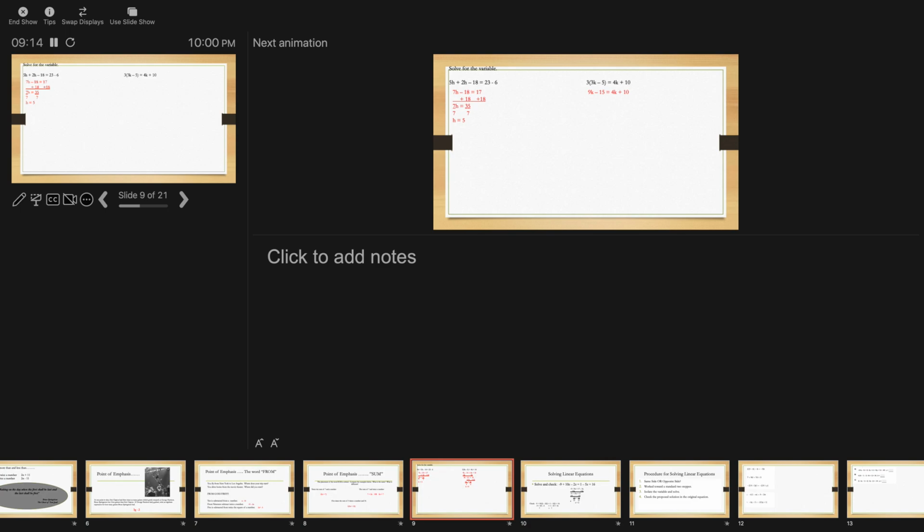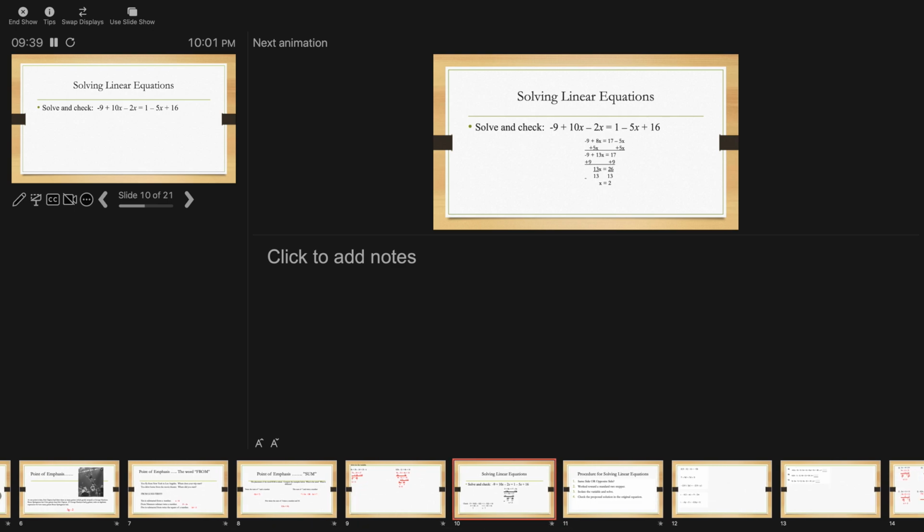I got this. I'll do really well. Similar with the next one, distributing the 3, 9k minus 15 equals 4k plus 10. This is an opposite side, opposite operation situation. Always start with the smallest number of k's. Subtracting the 4k, that gives me 5k minus 15 is 10. Adding the 15, 5k is 25, and dividing, k is 5. If you were to substitute them, you would see that it does check.